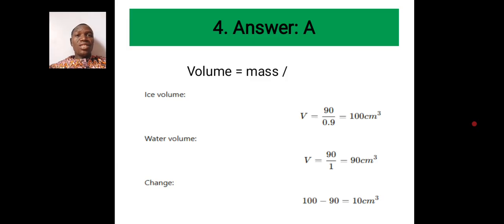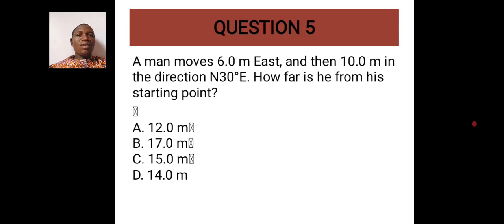You know that 90 grams of the ice is the one that will still give exactly 90 grams of water because there will be no change in mass. But this time around, you are going to use the density difference between ice and water. That's what gives the difference in the final volume. I hope this is clear. So the change in volume is what you are asked to calculate here.